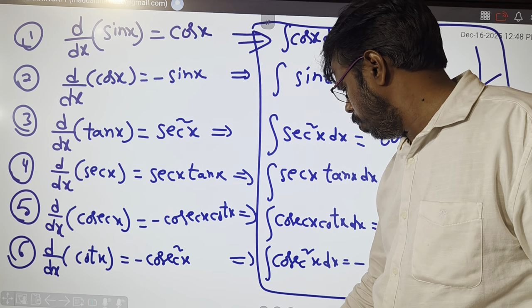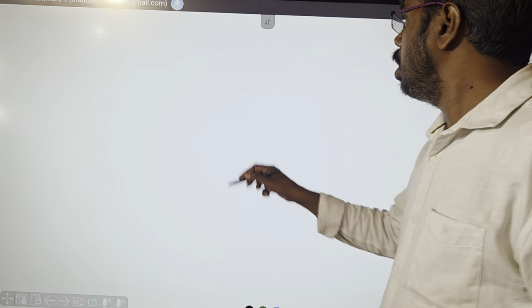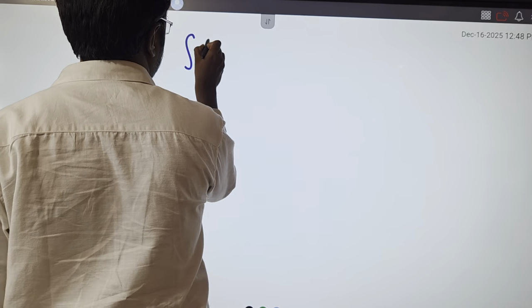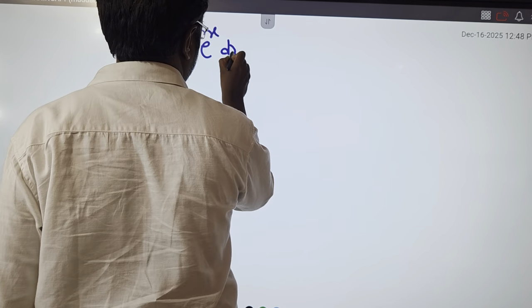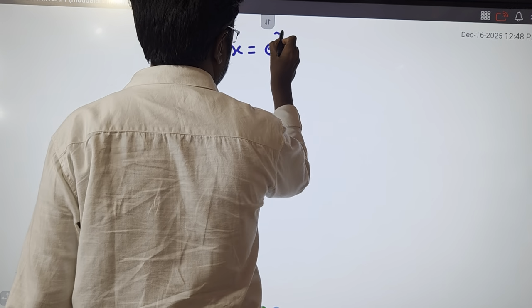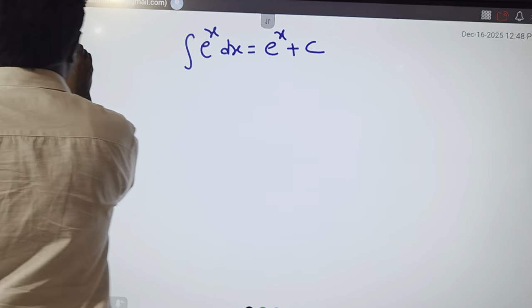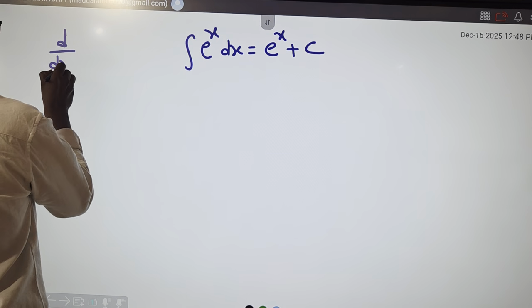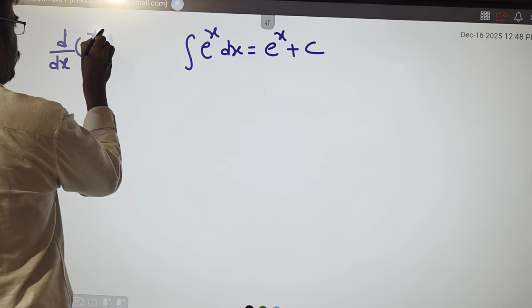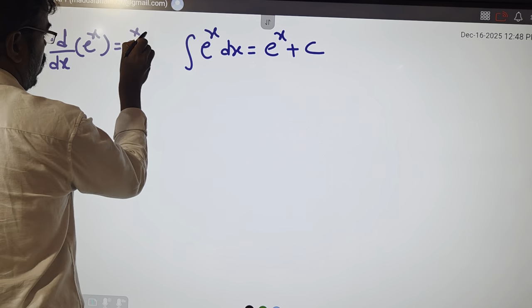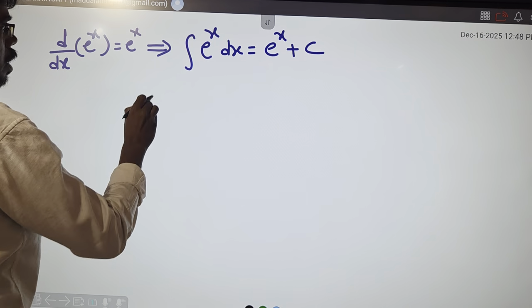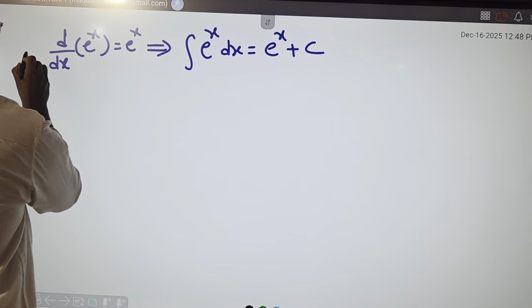The next formula, I already told you: integral e^x dx equal to e^x plus c. How is it derived? d by dx of e^x equal to what? e^x. So integral e^x dx equal to e^x plus c.